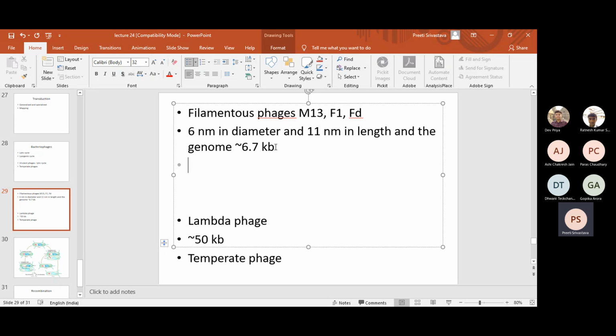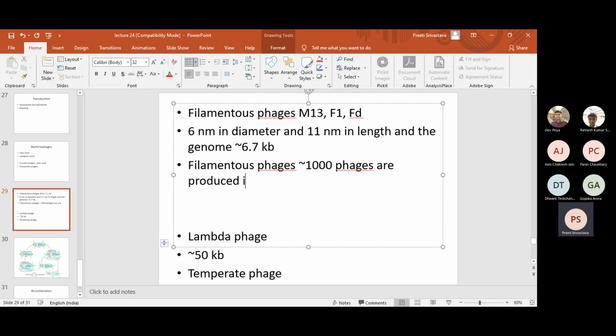So whenever filamentous phages infect a bacterial cell, they do not show a lytic cycle, they do not show a lysogenic cycle. Instead, approximately 1000 phages are produced in an hour. So it is not a slow process.